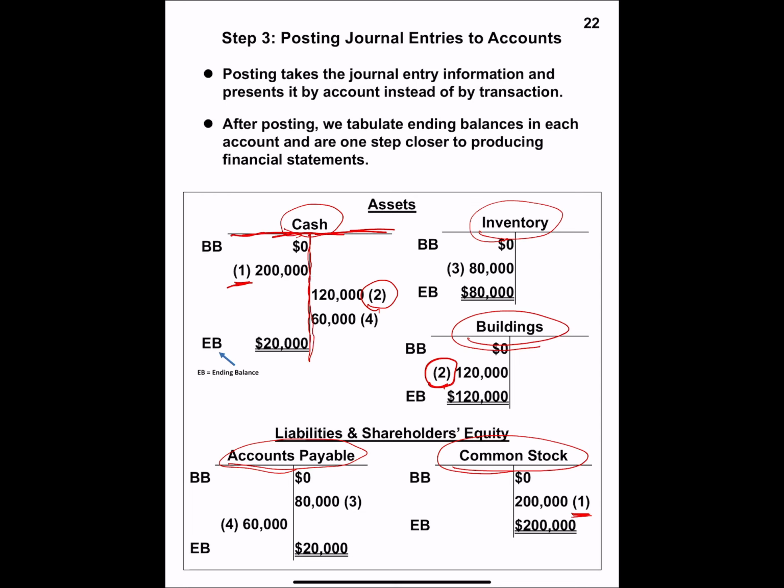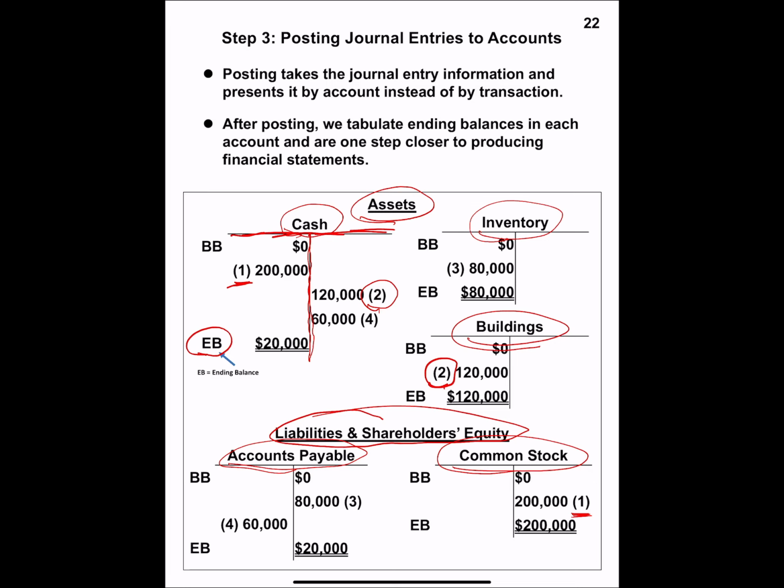And again, remember, we've got asset accounts, and we've got our liabilities and shareholders' equity accounts. For asset accounts, the normal balance is a debit balance, and the normal balance for liabilities and equity accounts is a credit balance. Notice now, if this was the end of all of our transactions, we could calculate what is known as the ending balance in the account.